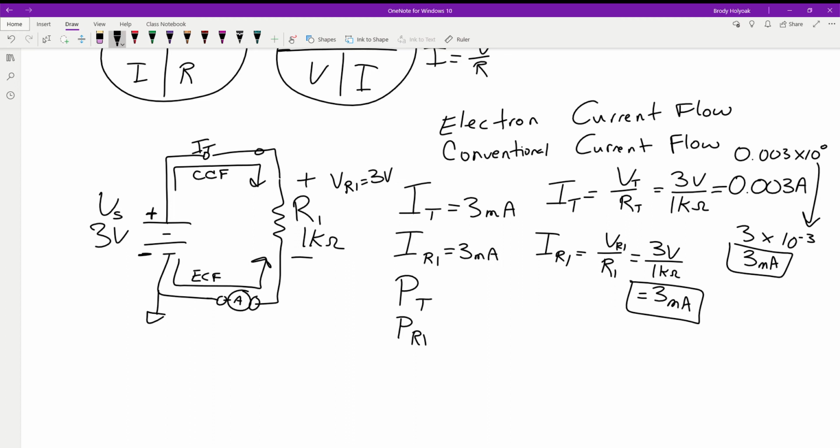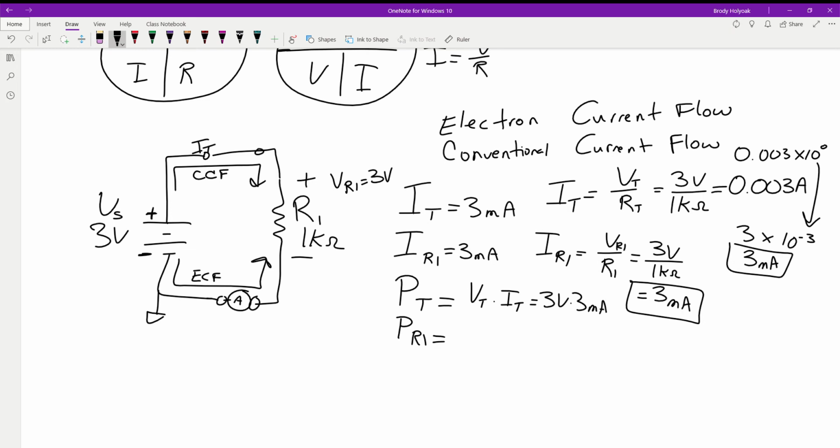Okay, so now that we have that, what is our power total? Voltage times current. Yep, so power total is voltage total times current total. So we have 3 volts times 3 milliamps.